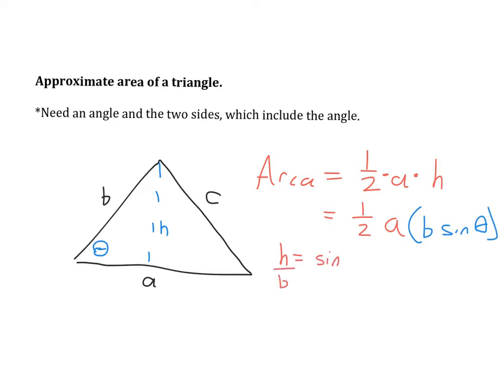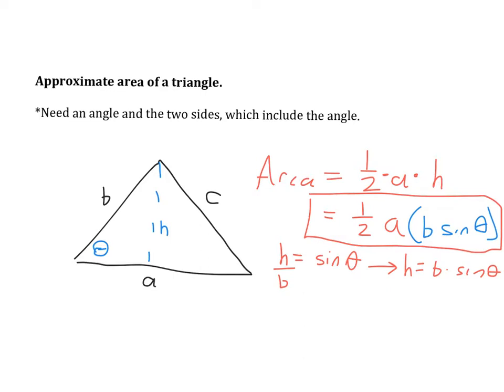H over B equals sine of theta, and then you just multiply it out. So this is our approximate area of a triangle. Now you could try that up above with the previous problem if you wanted to, but we don't have to.